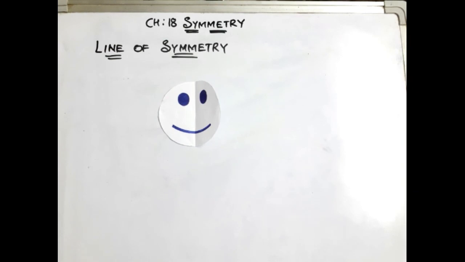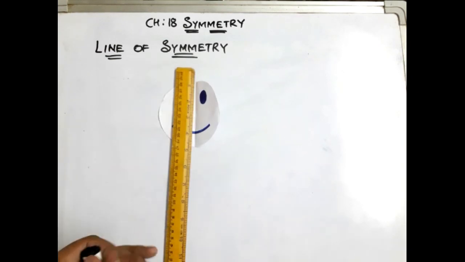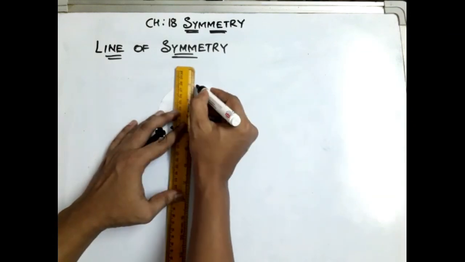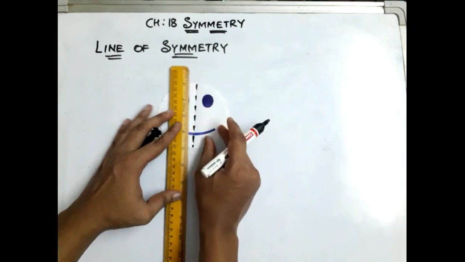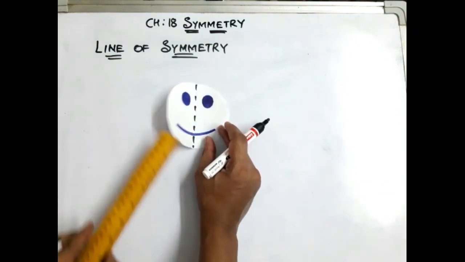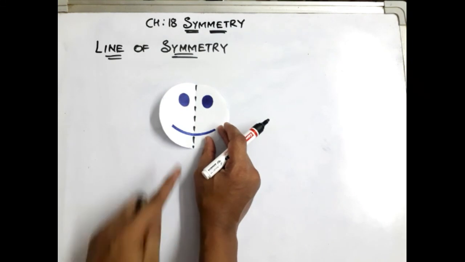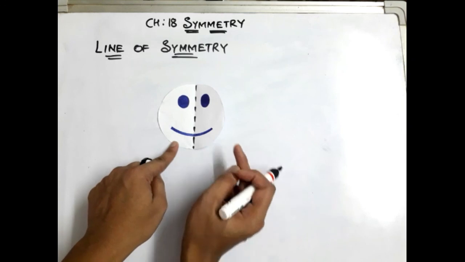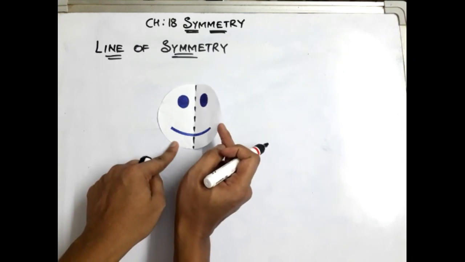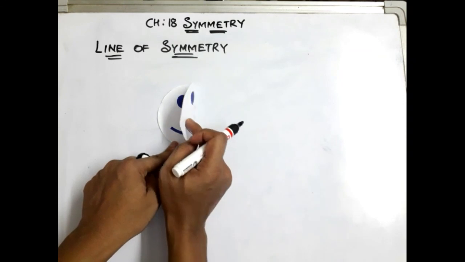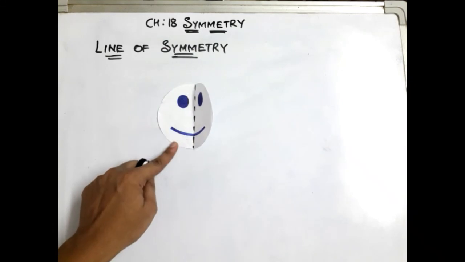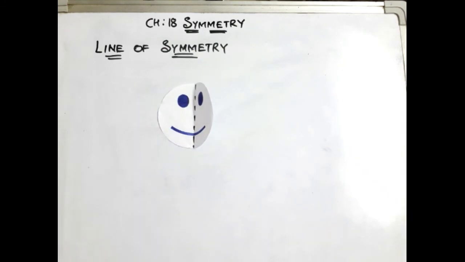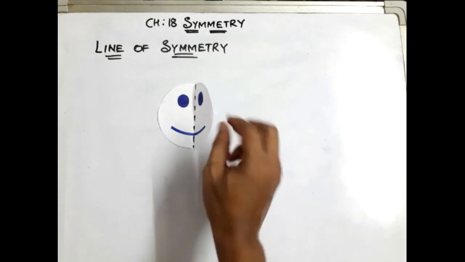If that partition I am drawing as a line, look, a dotted line like this, then this dotted line drawn on the center of the figure indicates the place where we have to fold such that one side will overlap with the other, or one side will coincide with the other. Such lines drawn in order to make a figure perfectly identical are called lines of symmetry.